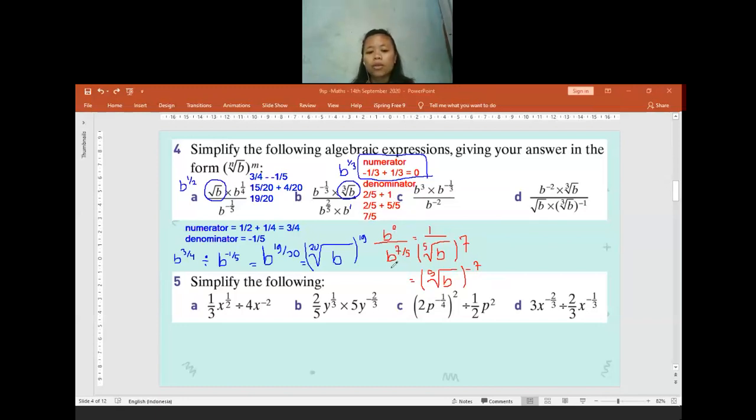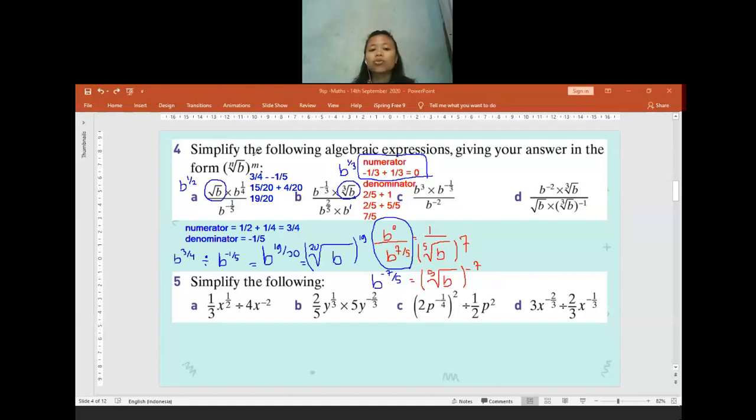For b to the power of 0 divided by b to the power of 7 per 5, you can write it as b to the power of negative 7 per 5. That is also correct, but you have to read the question and follow the question instruction.